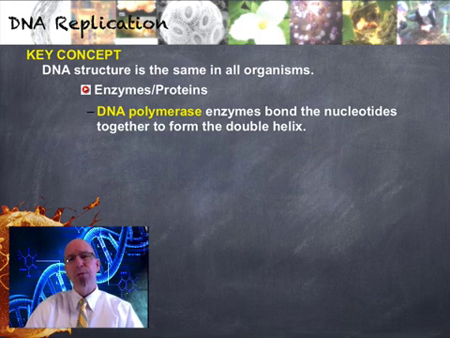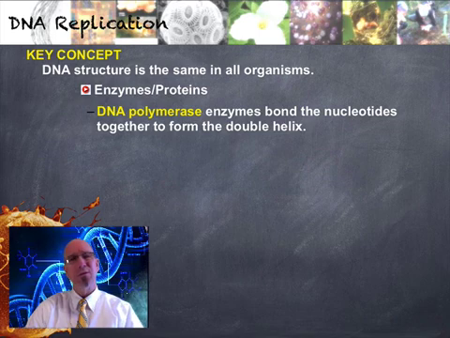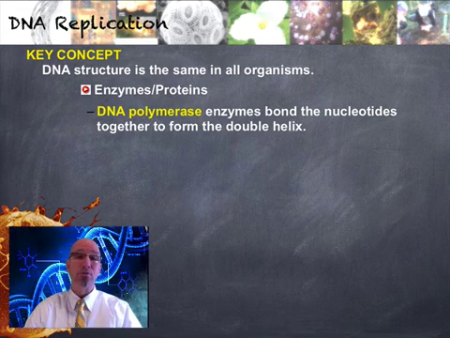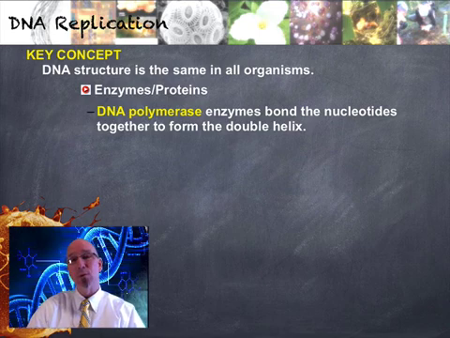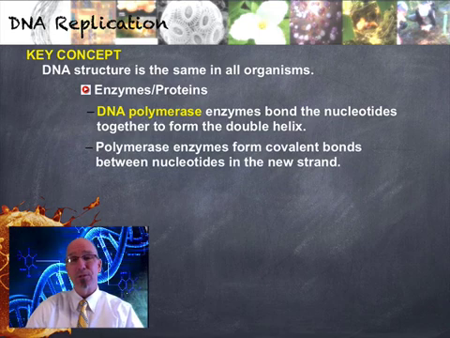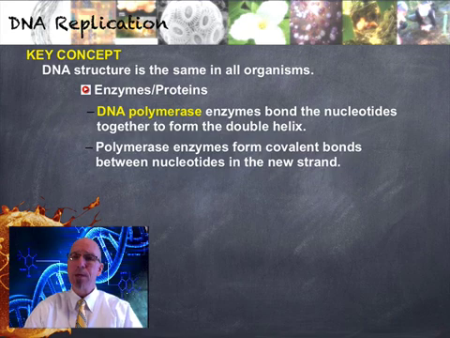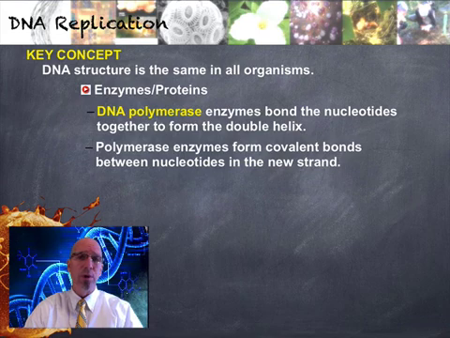Now, we use DNA polymerase in our cells, and so do bacteria and fungi and everything else. Because remember, DNA structure is the same in all organisms, so it requires the same kind of molecules to do the same kind of work, perform the same functions. And those polymerase enzymes have the ability to build covalent bonds between the nucleotides, between the sugar of one nucleotide and the phosphate of an adjacent nucleotide.